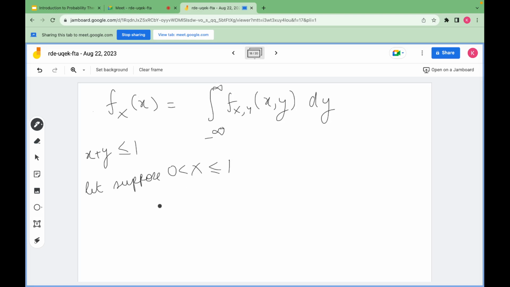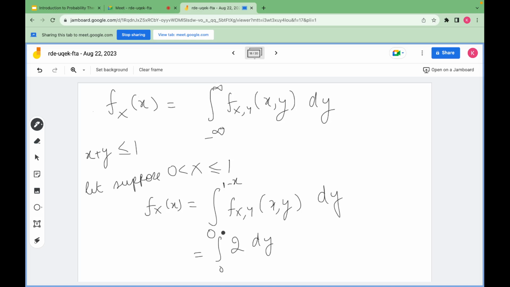Now this f of x can be written as the integral where y is varying from 0 to 1 minus x. Because we want f of x, in terms of x, we integrate with respect to y. So this is 2 into dy from 0 to 1 minus x, so it will come out to be 2 into 1 minus x.